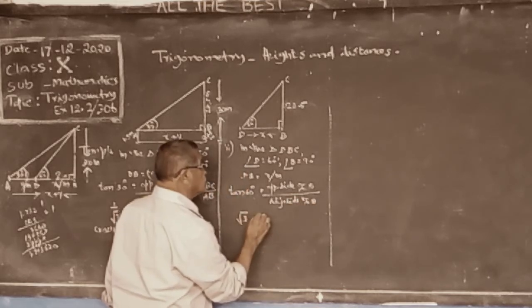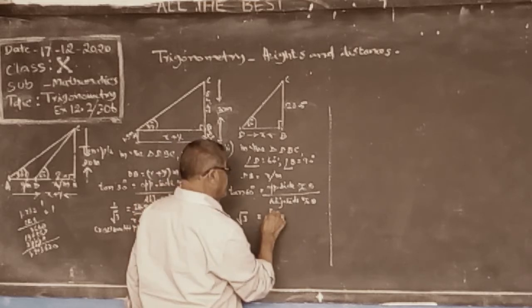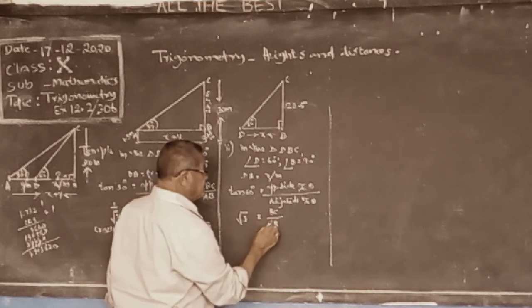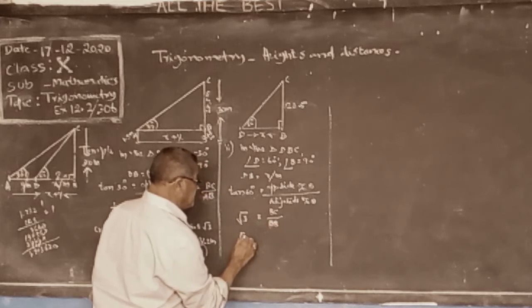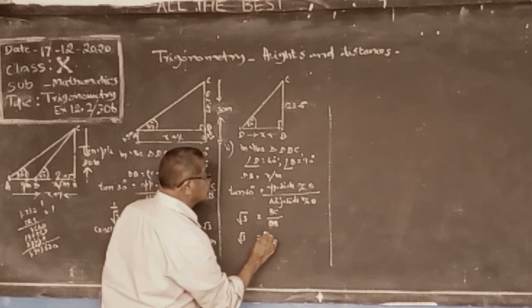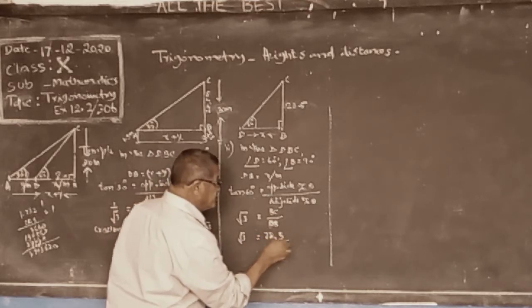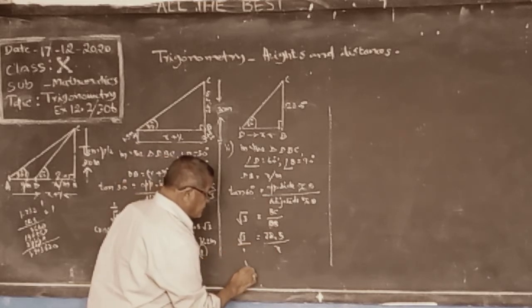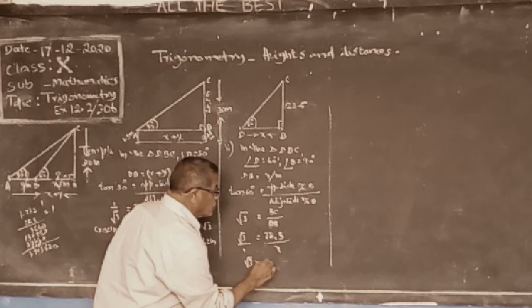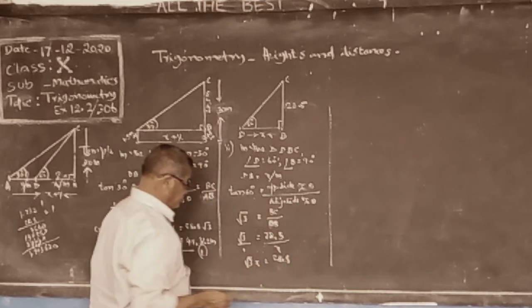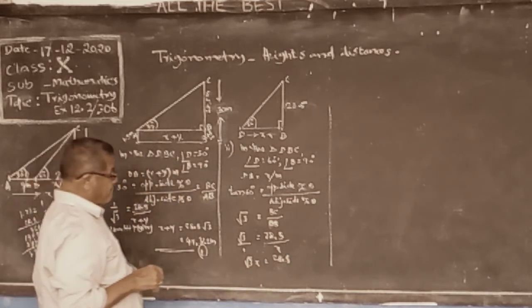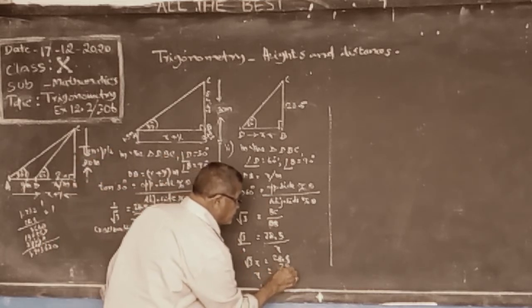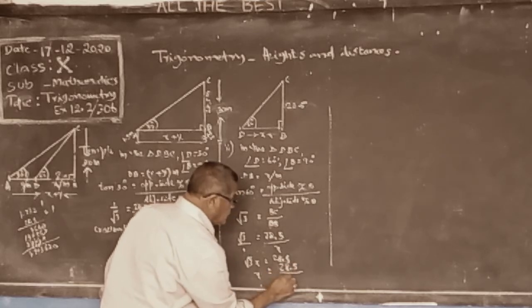Root 3 is equal to BC by DB, which is 28.5 by x. Multiply: root 3 x is equal to 28.5, so x is equal to 28.5 by root 3.